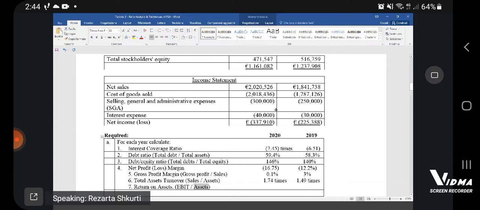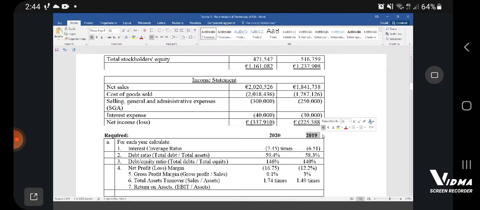Why do I not do that? Because I would lose the benchmarking of comparing with the previous year. If I based it on the average value of assets, I would be able to calculate a ROA for 2020, but I cannot do the same for 2019 because I lack the amount of 2018 to calculate the average assets. That means that I will lose the benchmark, and having a benchmark against which to compare the value of a ratio is very useful in analysis.